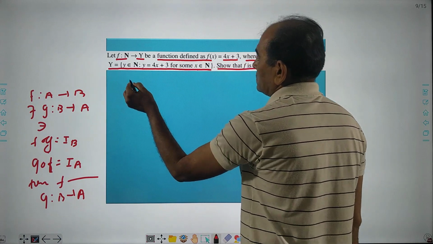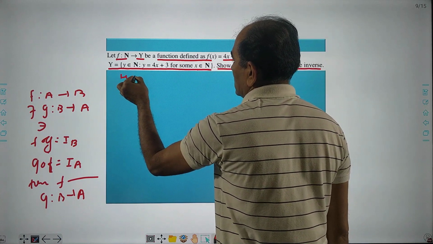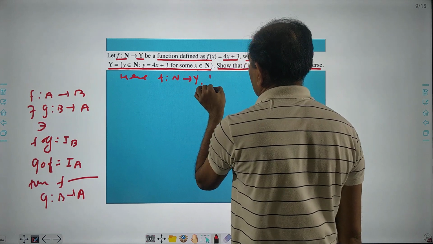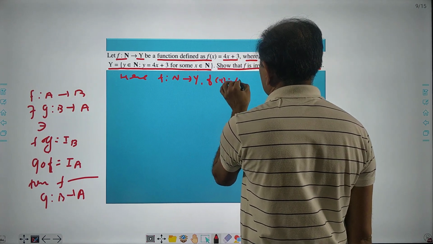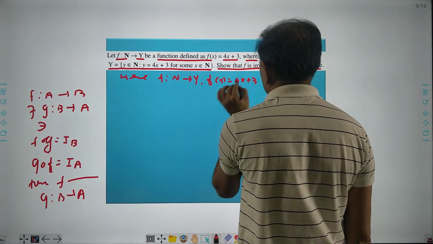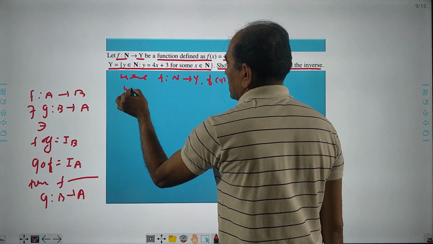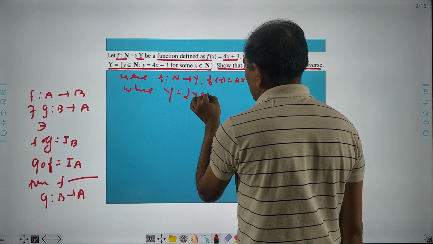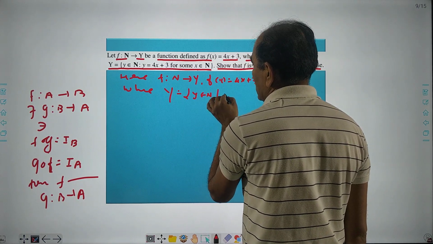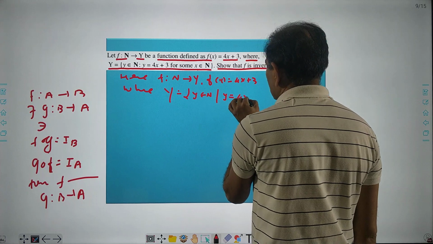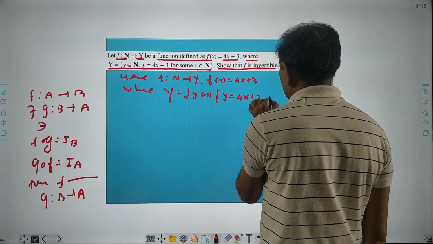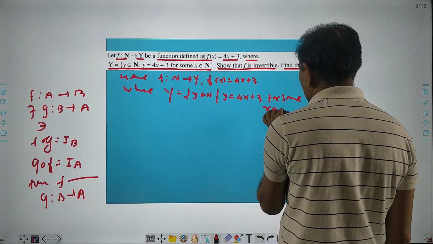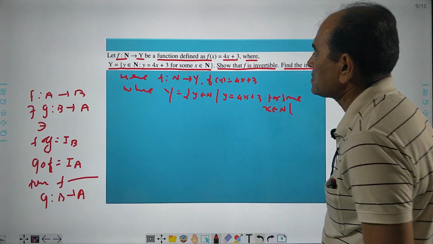See, in this way here we have to see that thing. Now see, here f from N to Y, f of x is equal to 4x plus 3, where Y is nothing but y belongs to N such that y is equal to 4x plus 3 for some x belongs to N. That is given to us.